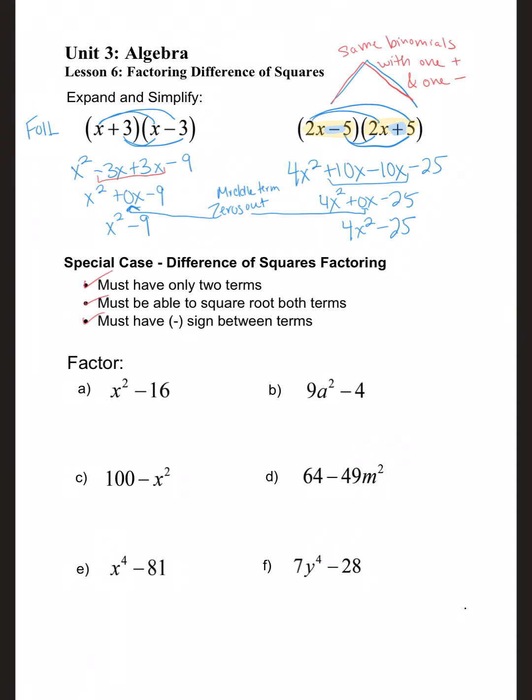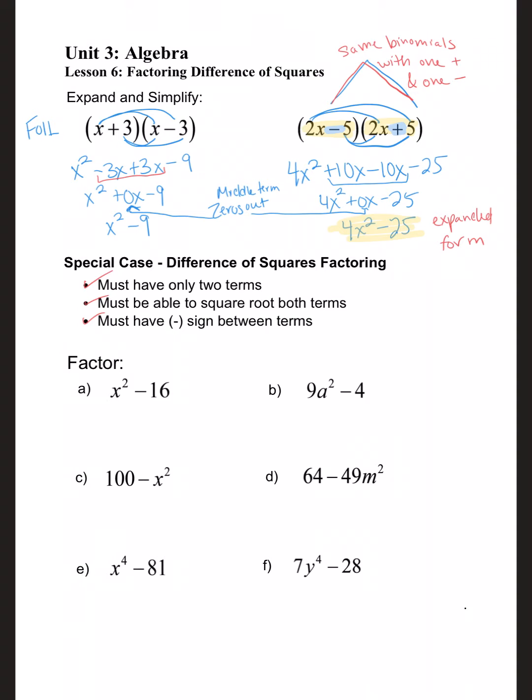So if you look at our examples above, when we expanded and simplified, so once we were in expanded form, both of our terms were what we call perfect squares, meaning we could take the square root of them and we'd have a whole number.